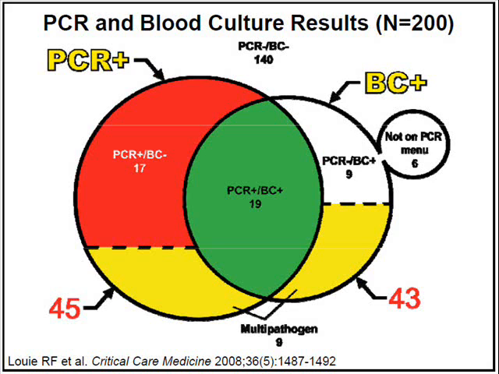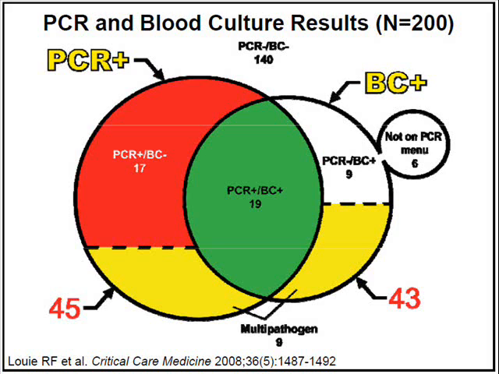The Venn diagram summarizes the concordance and discrepancy between results from the PCR and blood culture method. The results displayed are the one-to-one comparison between the PCR and the blood culture results for samples that were collected at the same time.